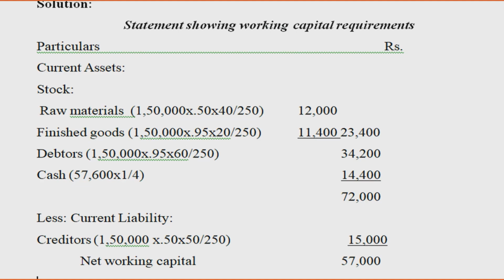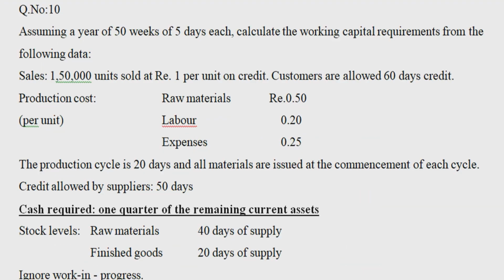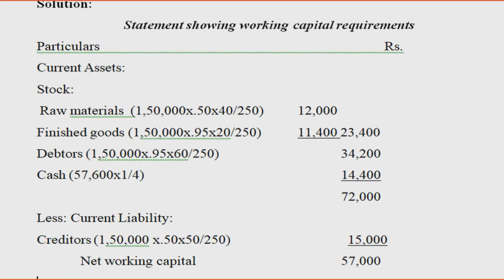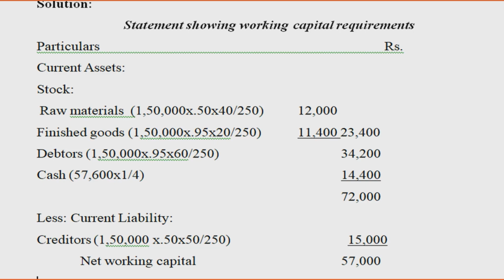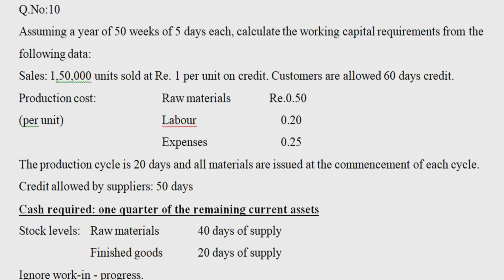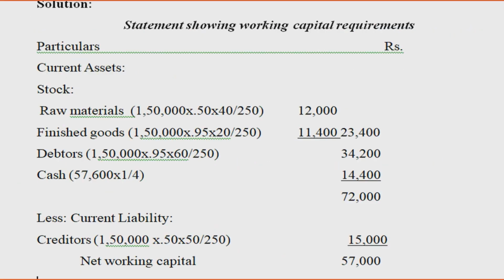Next, for debtors. Again the sales volume 1,50,000 into the same finished goods total value, 0.95, into the total number of days, 40 plus 20, 60 days. 60 divided by 250, you will get 34,200. Next, for cash, what they have given is 1/4 of the remaining current assets.